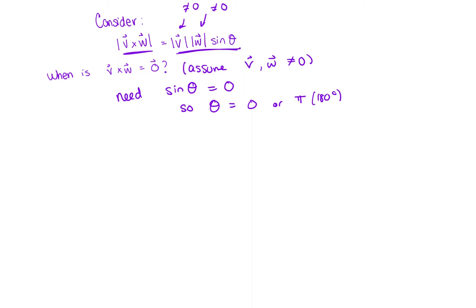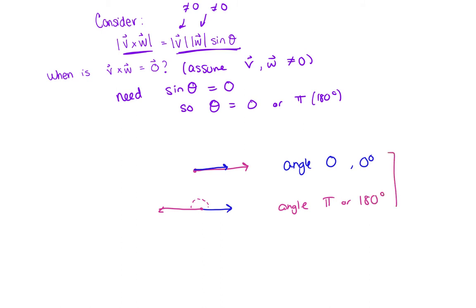So if I have two vectors and they have angle 0 in between them, which means they're in the exact same direction, or, right, that's angle of 0 degrees, or if they're in exact opposite directions, so that the angle is pi, or 180 degrees, then their cross product is 0.